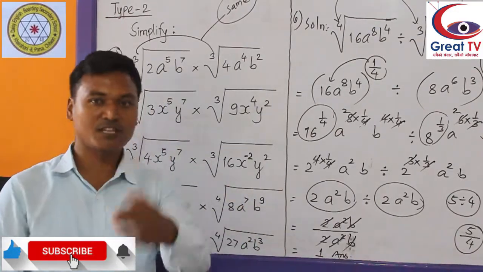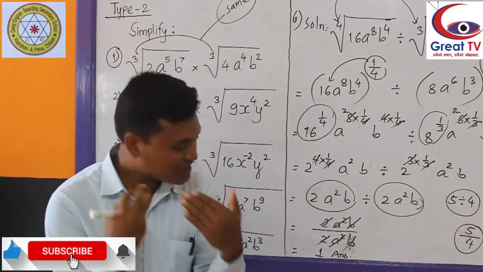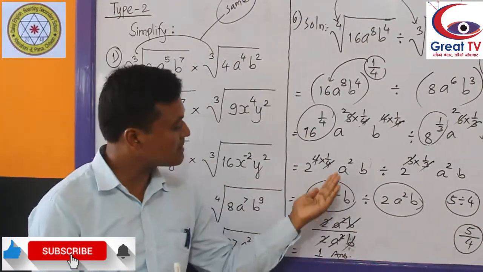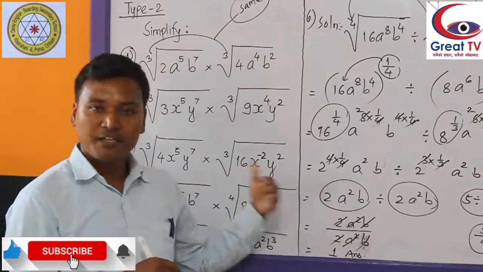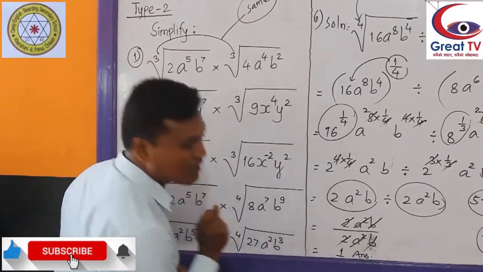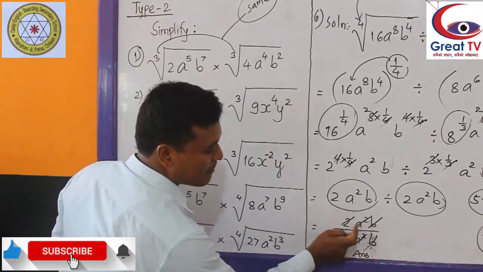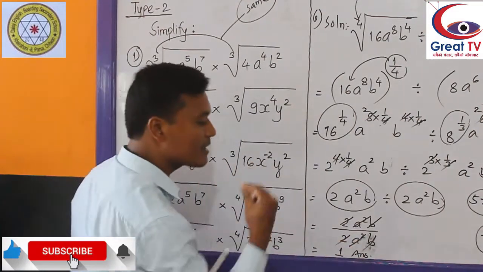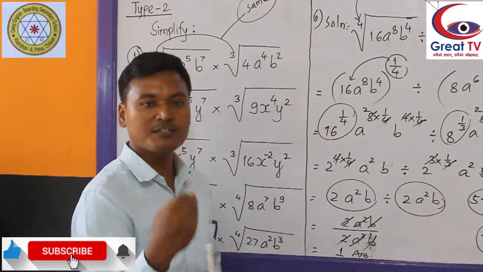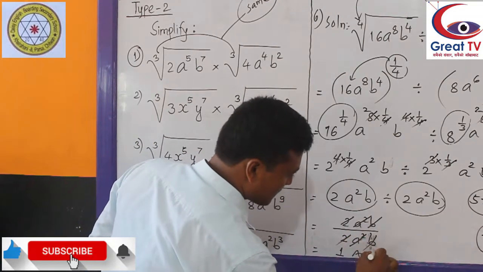But one more thing, my dear students, sometimes some expression may be remaining, sometimes upside, sometimes downside. By that time be a little careful. Suppose you have a square up, downside a only. A square is a times a, downside will be single a. A up, a down can be cancelled, and one a will be remaining upside. By that time be careful. This is the required answer for this.